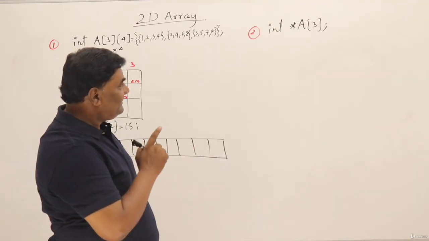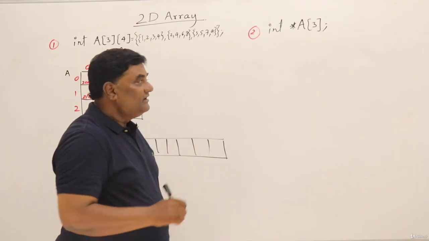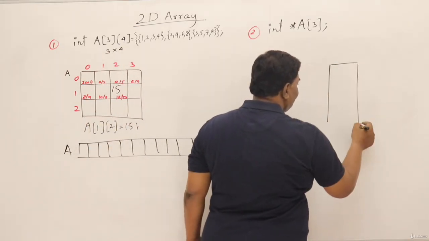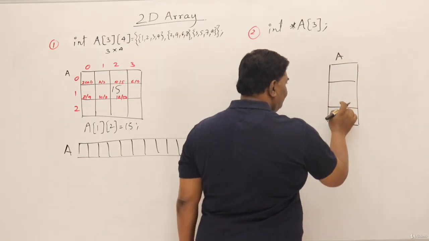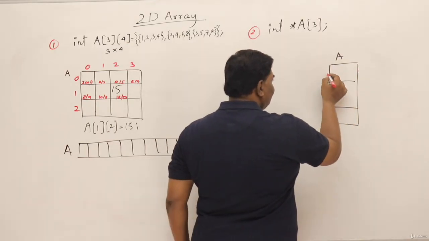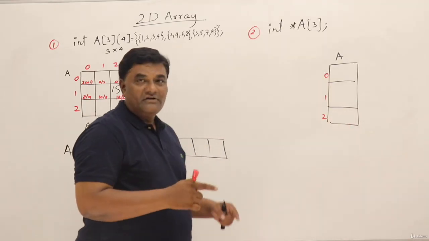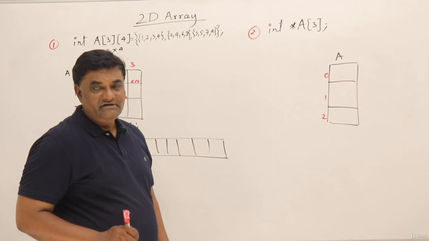But this is not an array of integers. This is an array of integer pointers. I will draw the picture for that. So this A will be created like this, and these are all pointers. This is index 0, index 1 and index 2. Now I have just an array of 3 pointers.